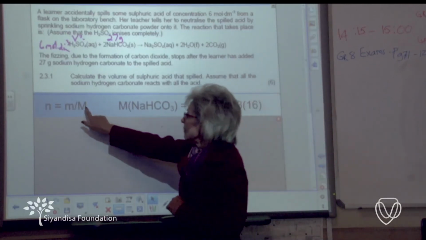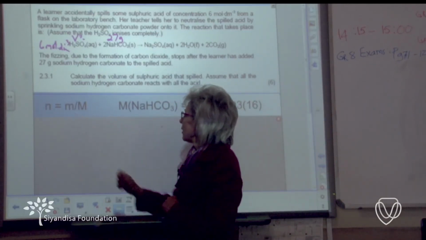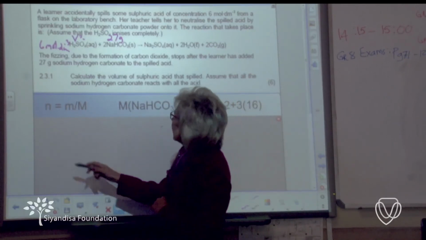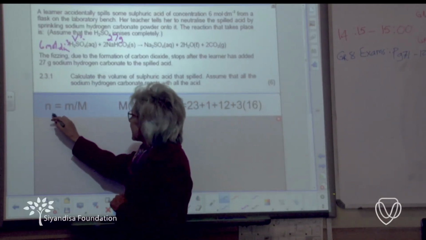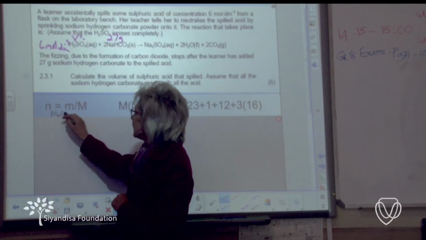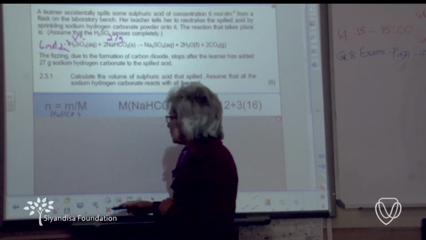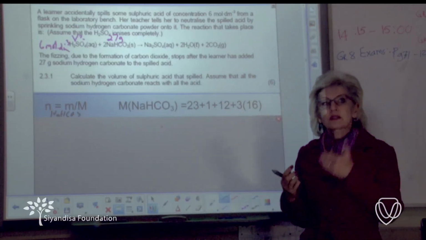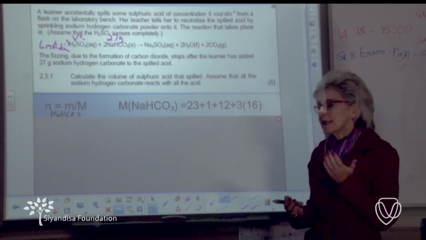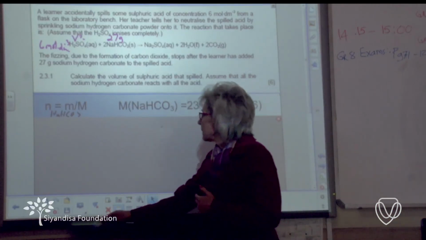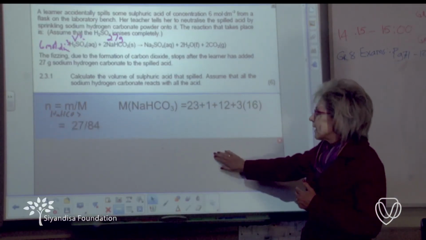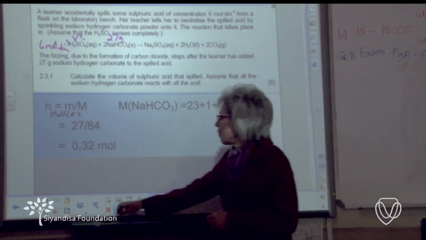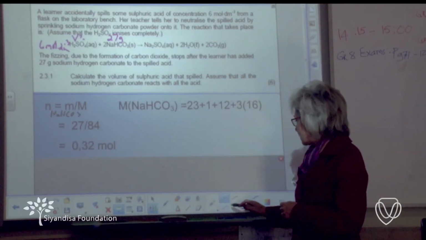So we calculate the amount of mole of sodium hydrogen carbonate, and my advice to you would be to put a subscript here, sodium hydrogen carbonate, so that you can remember what you've been calculating, and also it makes it so much easier for the examiners to mark your paper. So we divide 27 by the 84, and that gives us 0.32 mole of sodium hydrogen carbonate.